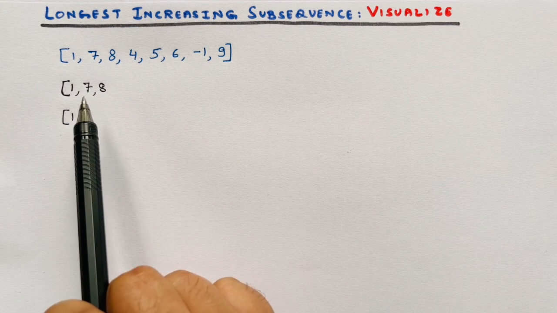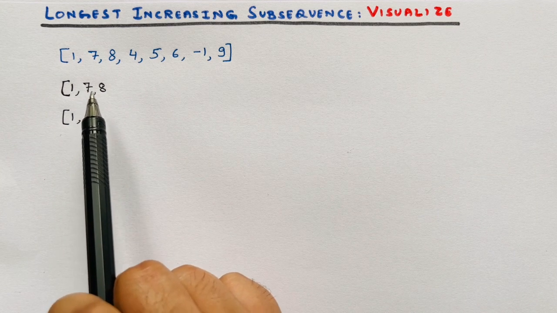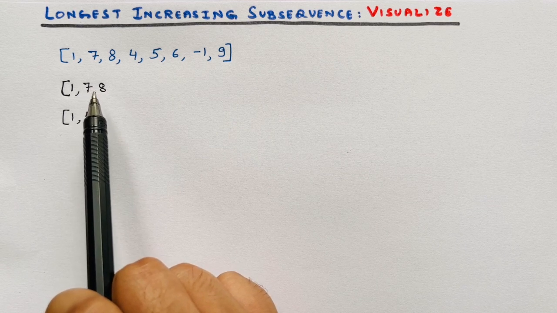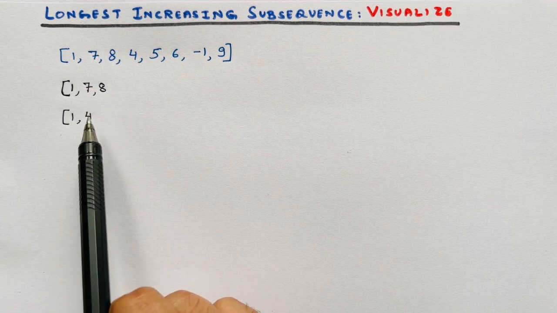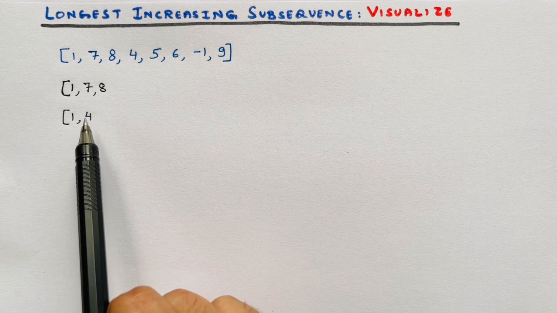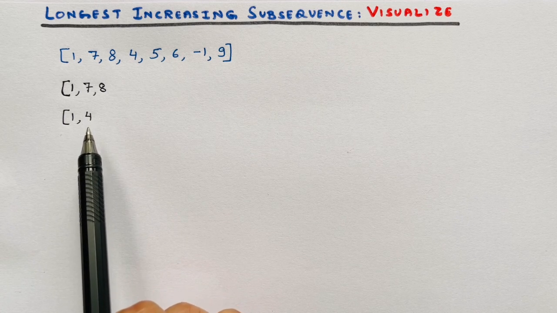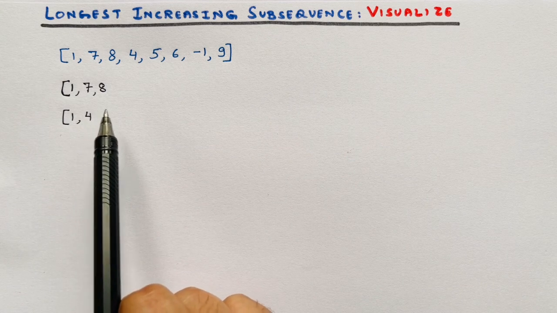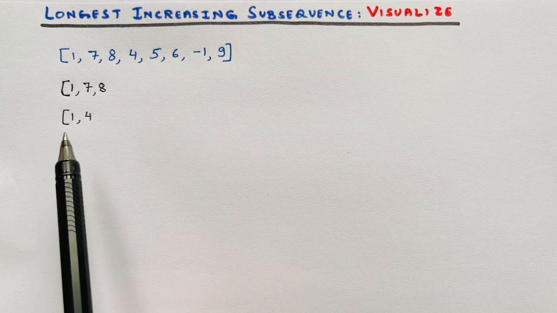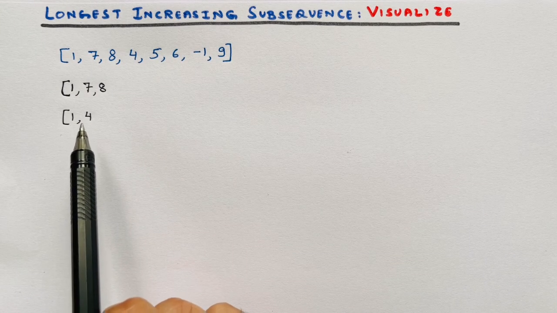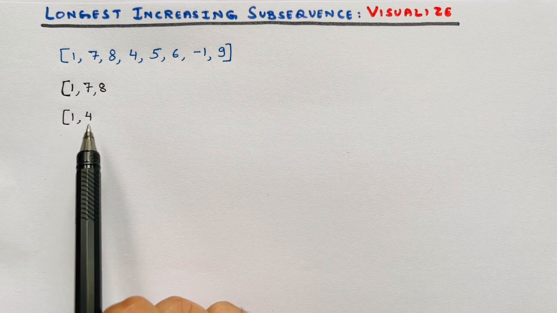So for an increasing subsequence, the scope of the elements that can come in this array are greater than 7. While for this increasing subsequence, the scope of the elements that can come further in this array are greater than 4. So this has more scope and hence it can actually get ahead than this array. So we cannot ignore this subsequence 1 and 4. We will have to track it.